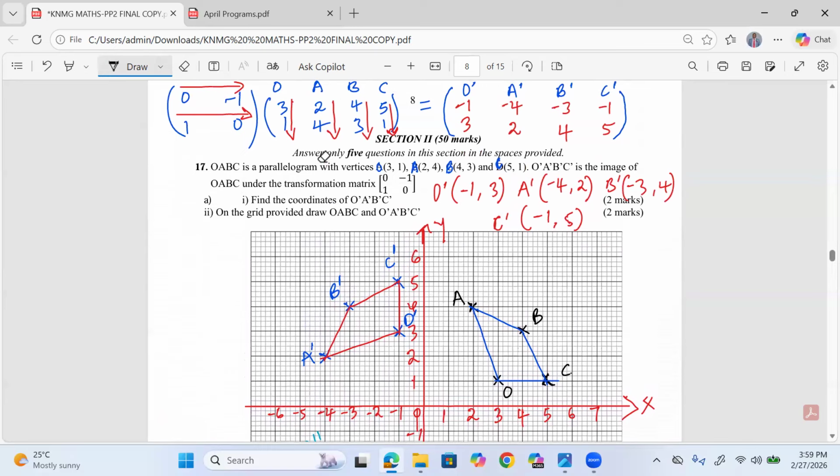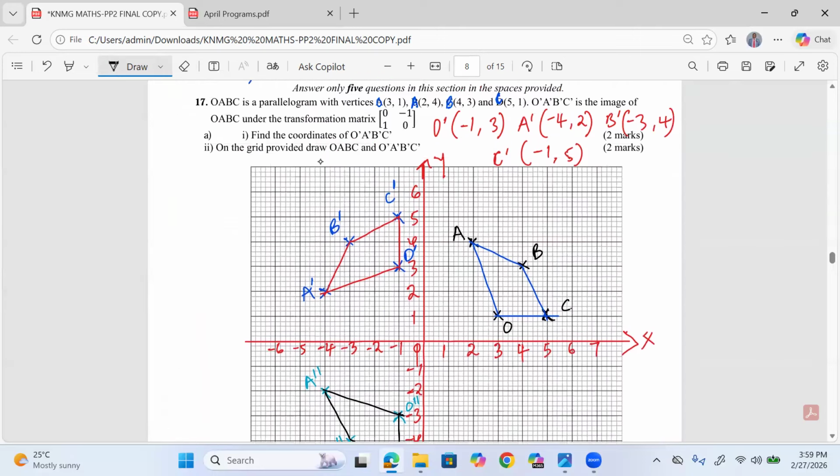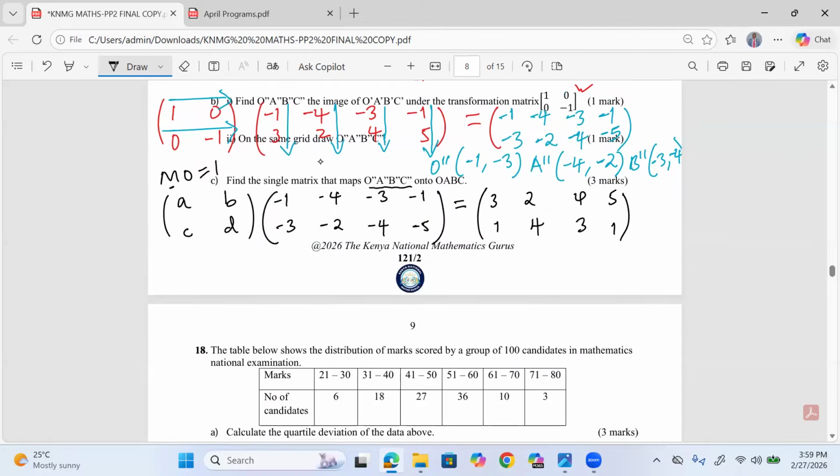It was 3, 1, 2, 4, 4, 3, and 5, 1. That way. So that is it now. That is the expression. That is the equation. This is what we are supposed now to solve until we get the unknown matrix, till we get the elements in the unknown matrix here.